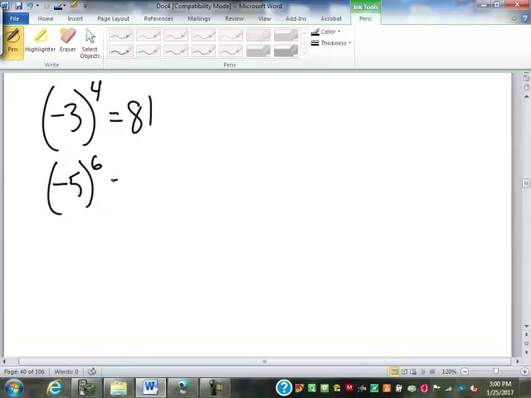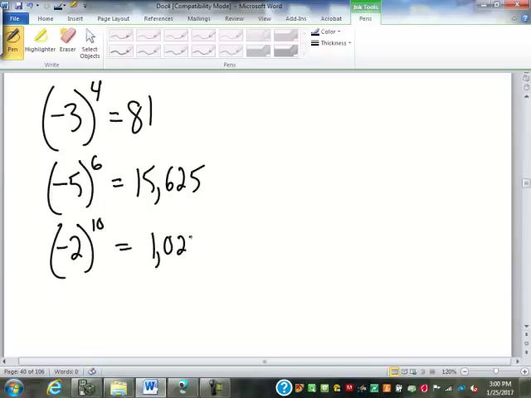Negative 5 to the power of 6 is a positive 15,625. Negative 2 to the power of 10 is a positive 1,024. Negative 3 to the power of 6 is positive 729.